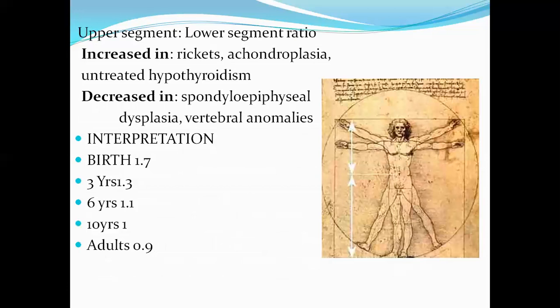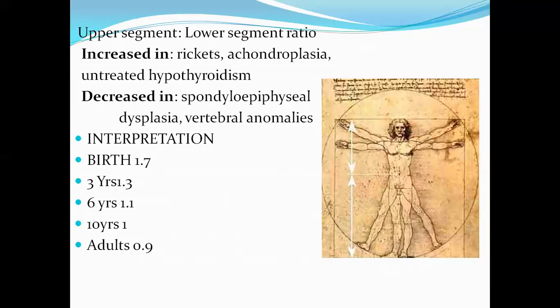Upper segment to lower segment ratio is increased in rickets, achondroplasia, untreated hypothyroidism, and it decreases in spondyloepiphyseal dysplasia and vertebral anomalies. Now, interpretation: this ratio is different for different ages.